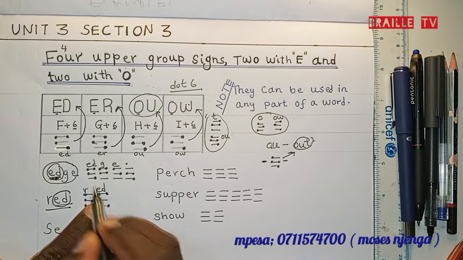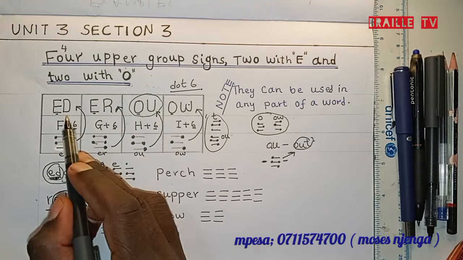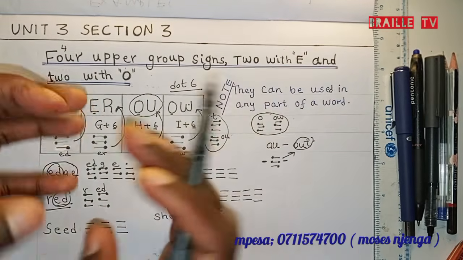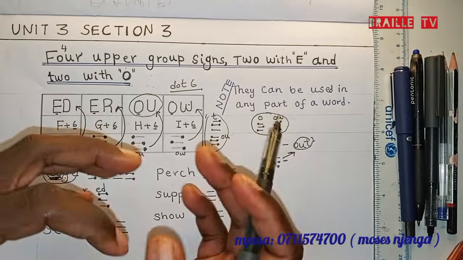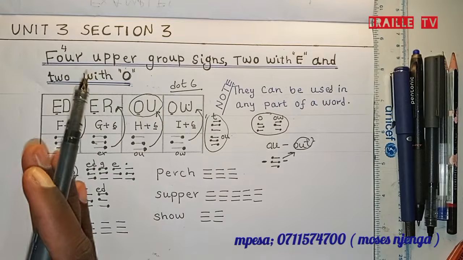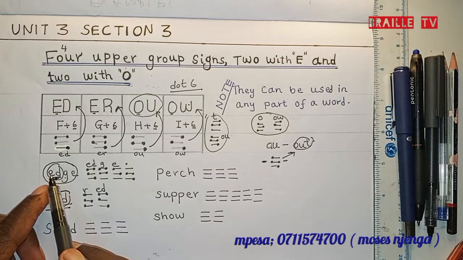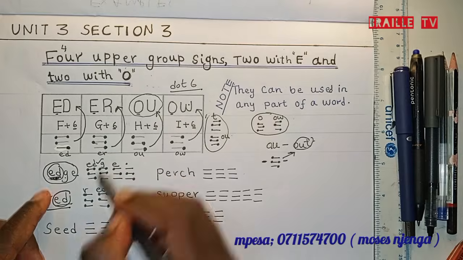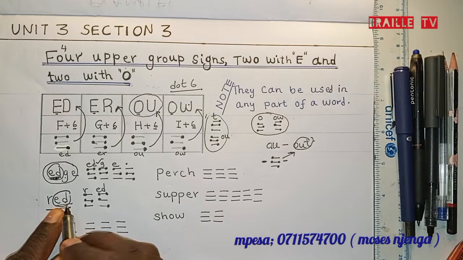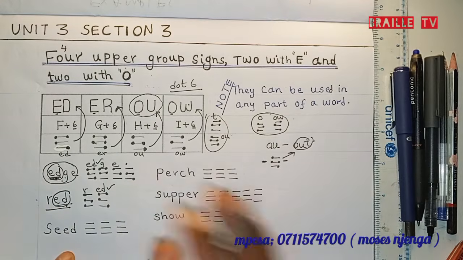And that's why we say these four upper group signs, 2 with E and 2 with O, you can contract them in any part of a word. Like in this case, this ED has happened at the beginning. Beginning means mwanzo wa neno, okay? At the beginning, we have contracted it. Then in red, ED is at the end of a word, and we have contracted it. I think it's clear.